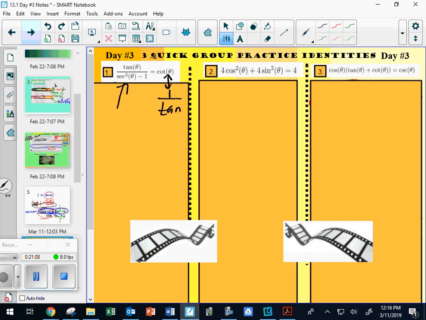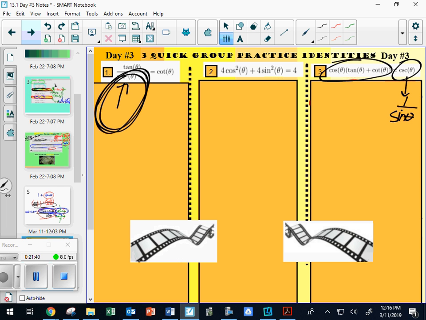And that alone might be enough for you to say, oh, so I really want this thing to be a tangent. I see what to do now. And then you still have to back this off like you never touched it. Because remember, you can only touch one of the two sides. But by going a little ways with it, you might figure out, this one's supposed to equal cosecant. But that really means that it has to equal 1 over sine. And maybe that's a good hint that getting sine in there is a good thing. If I'm getting it to sine, I just have to flip it over. So anyway, you can look at the other side and break it down a little bit, and that sometimes helps.